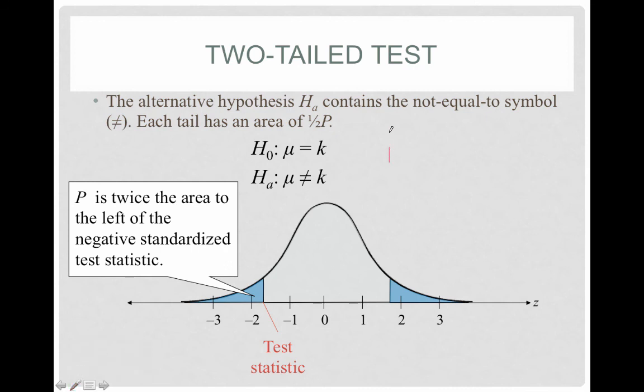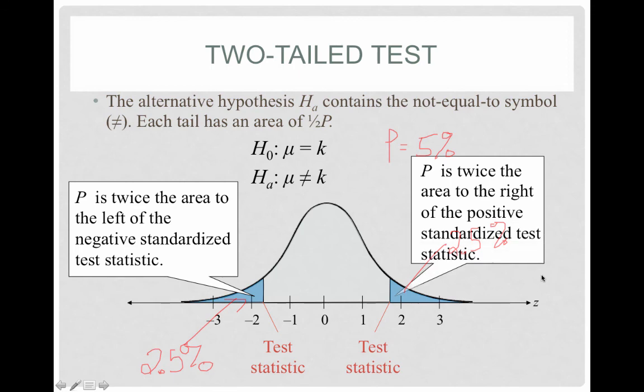If P is 5%, then in the left tail we have 2.5%, and in the right tail we have 2.5%. Okay?